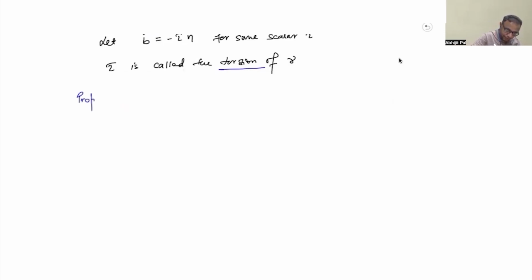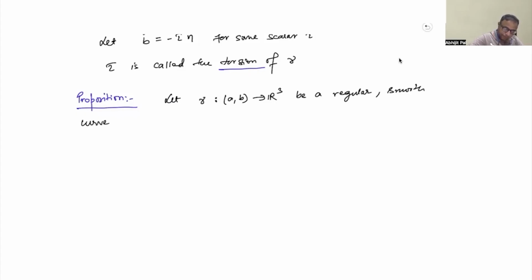Proposition. Let gamma be a smooth regular curve in R3 with nowhere vanishing curvature.